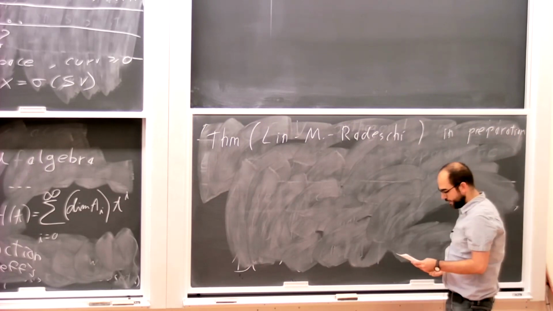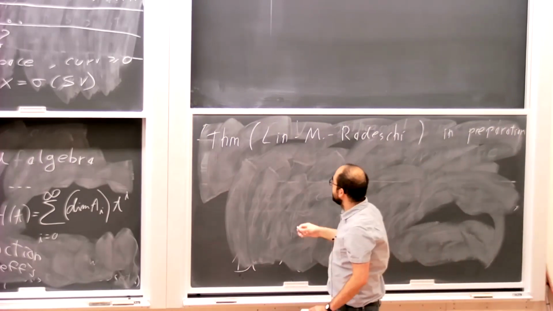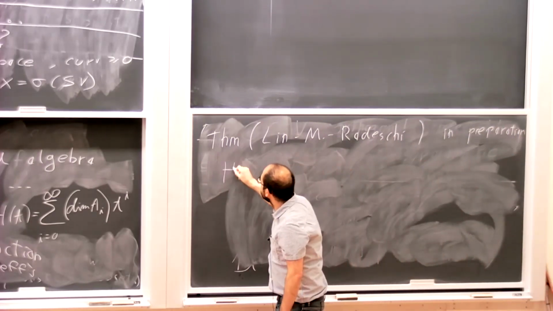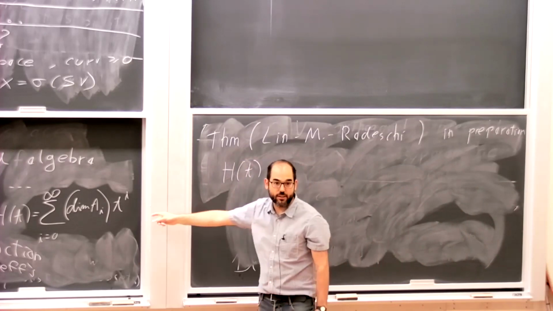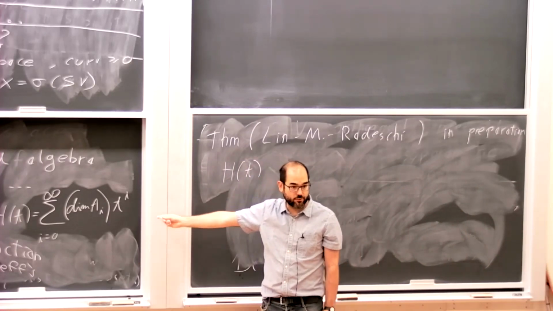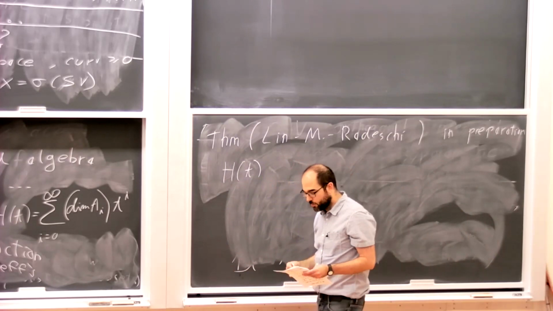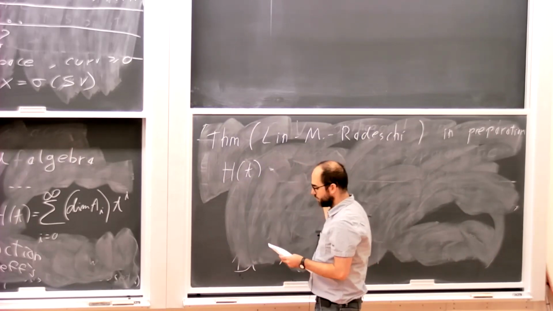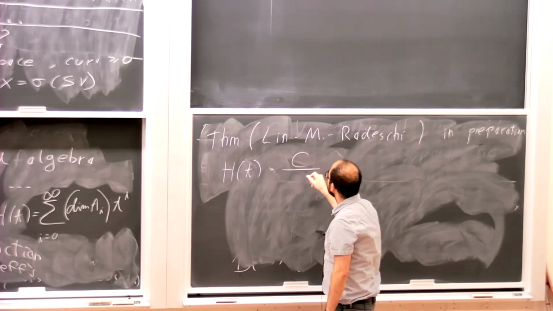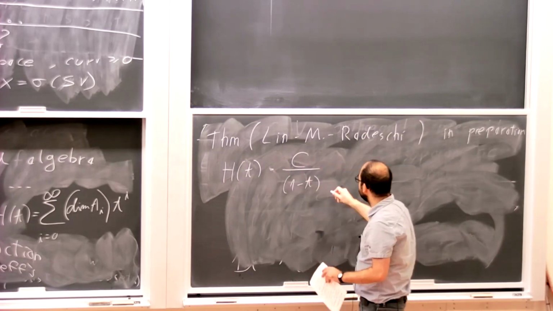It's not out yet. And it says that if you look at this Hilbert series here, and you change variable, this is a formal power series. Let's change variable to 1 minus t and write a Laurent series. There's some certain coefficient here, and then powers of 1 minus t.